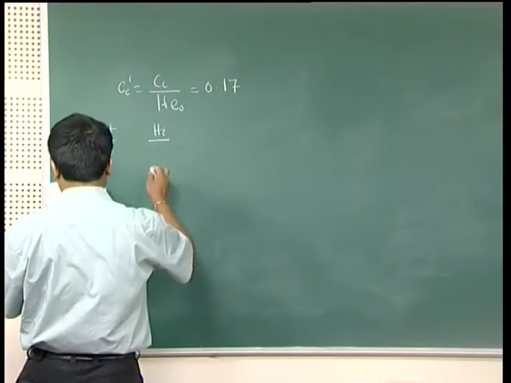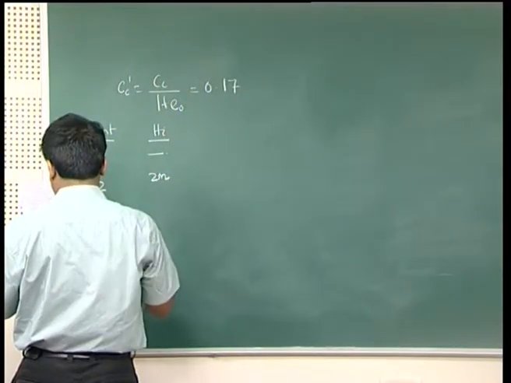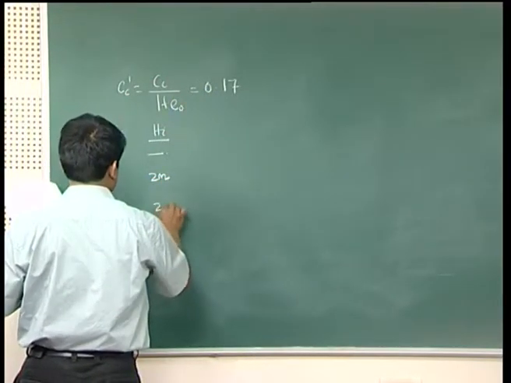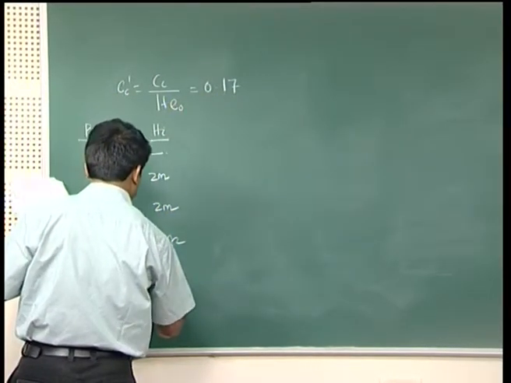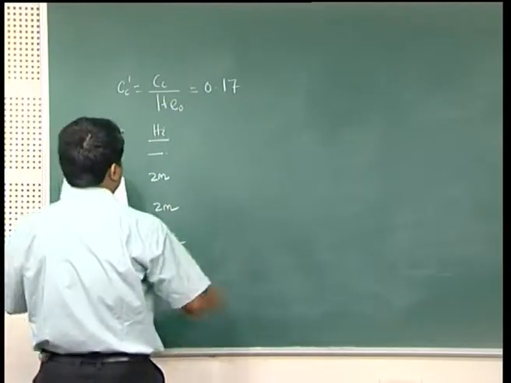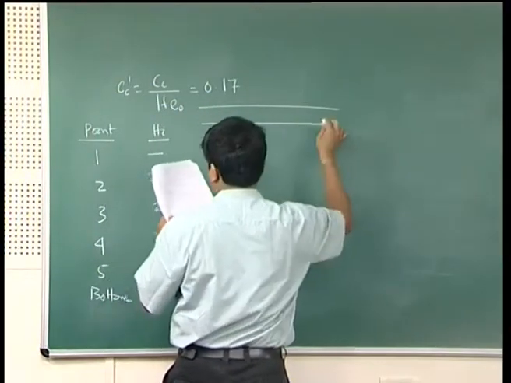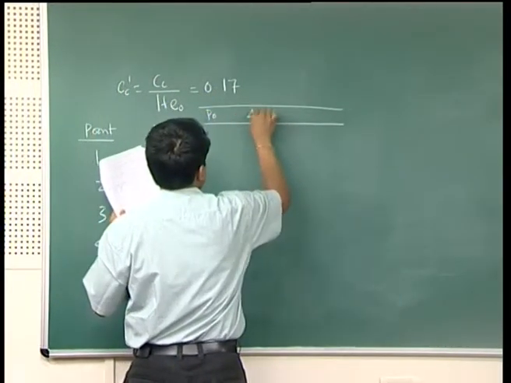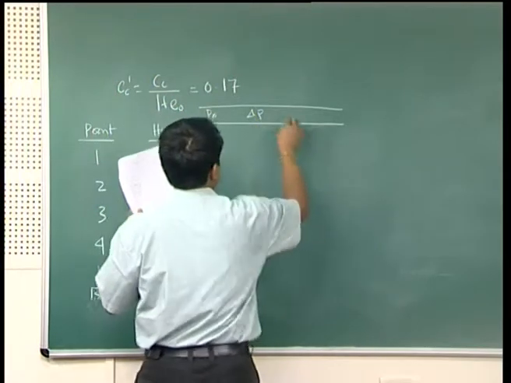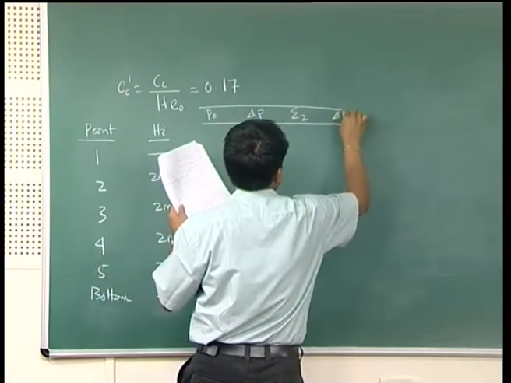For H I, the first is blank, then this is 2 meter, again 2 meter, 2 meter, 2 meter, and the last is blank. Then the columns are P 0, delta P, xi 2, then delta H I.